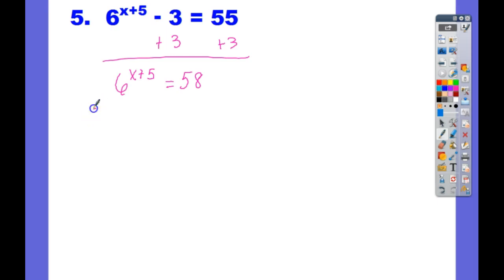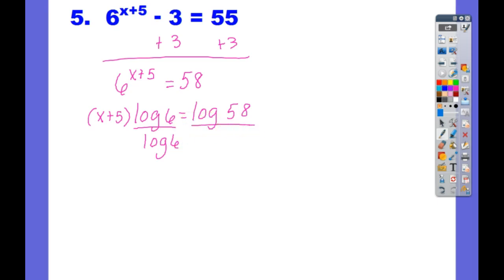So when I drop this in front, I'm going to put the x plus 5 in parentheses. So you have x plus 5 left here. So after you take the log of 58 divided by the log of 6, then subtract 5.